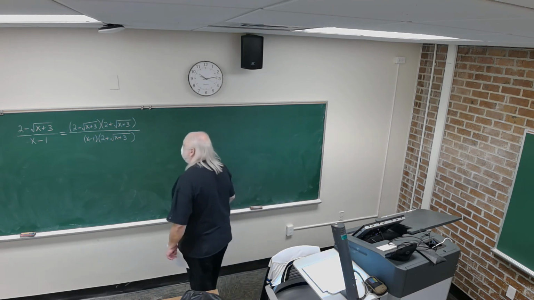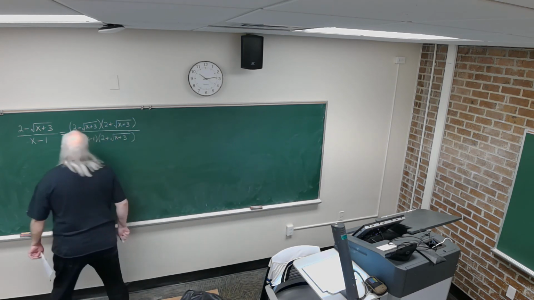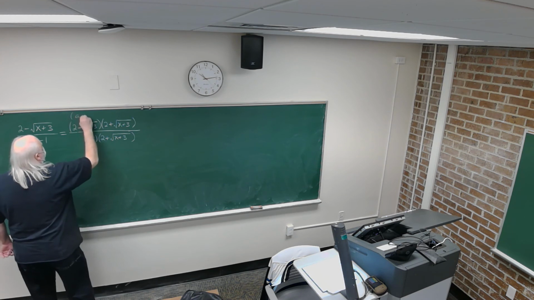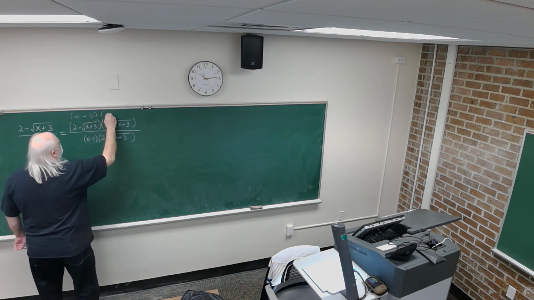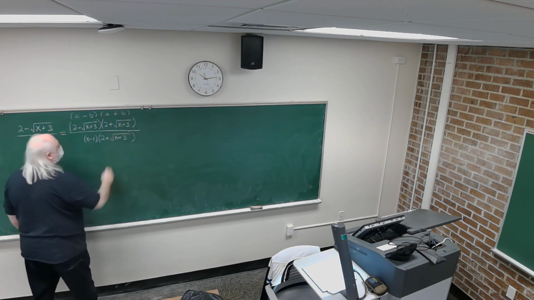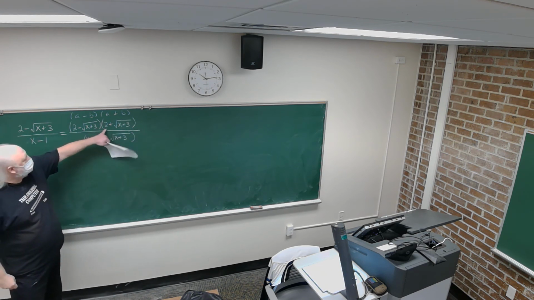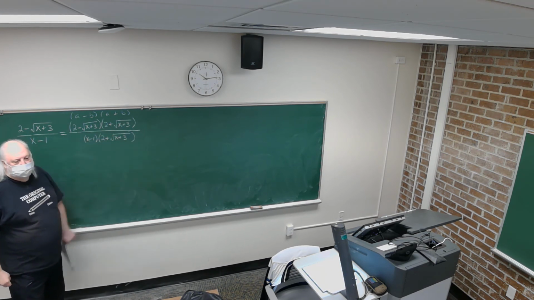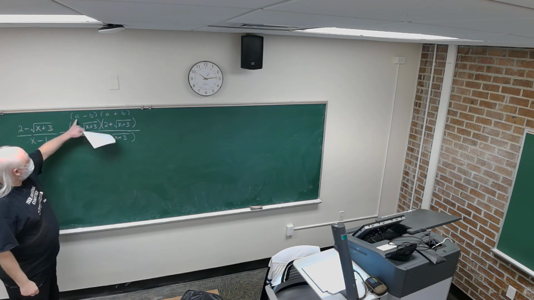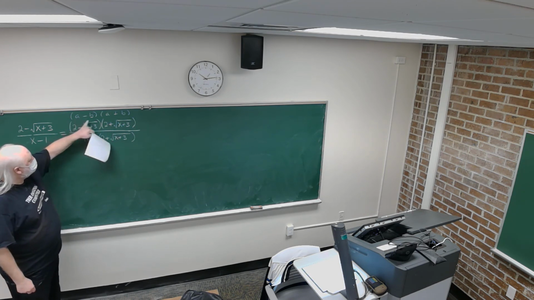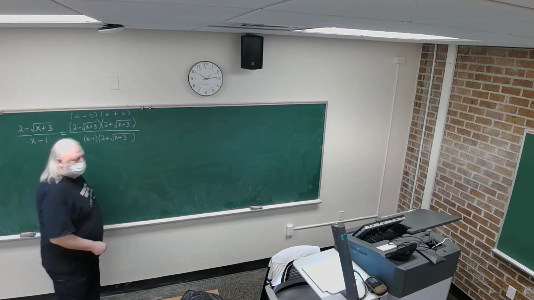Well, the numerator is like a minus b times a plus b, where a is equal to 2 and b is equal to the square root of x plus 3. And a minus b times a plus b is a squared minus b squared. Difference of squares.